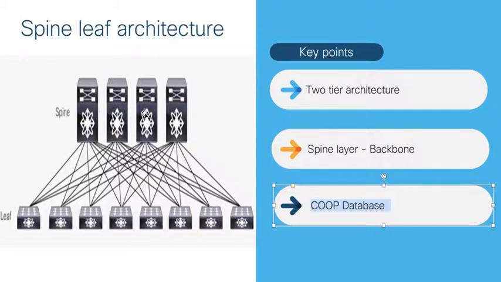They have the information of all the endpoints and where they are located. Like, spine 1 knows that endpoint 1 is located on leaf 1. All that information is stored in the COOP database, and all spines are in sync with each other.